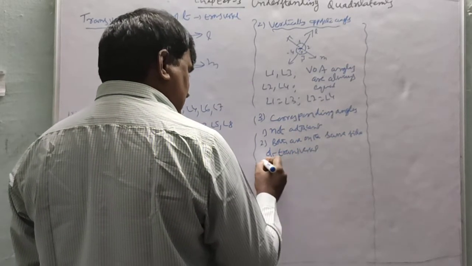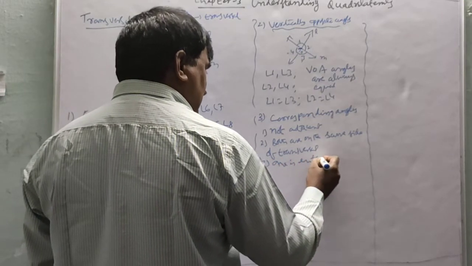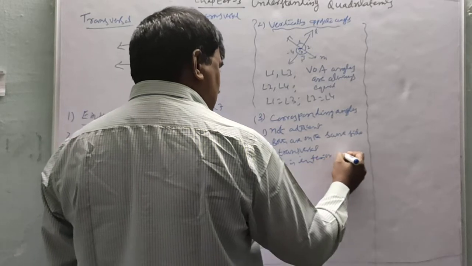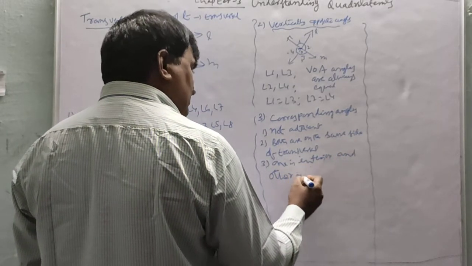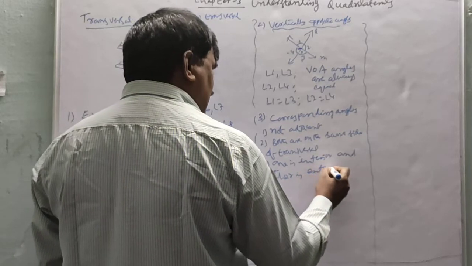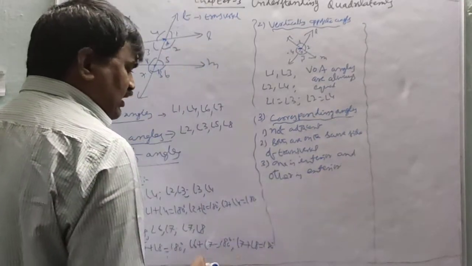Now third condition, one is interior and other is exterior. These three conditions must be satisfied. That pair of angles is called corresponding angles.